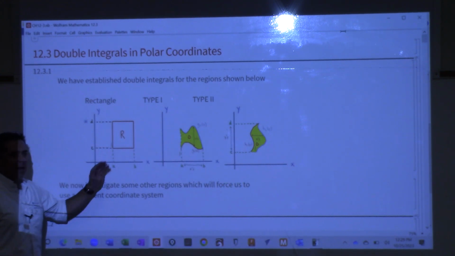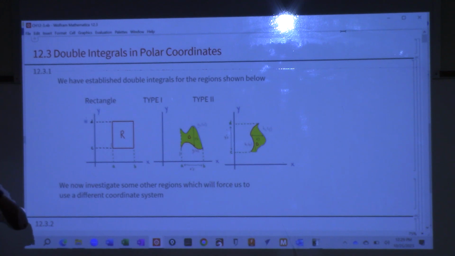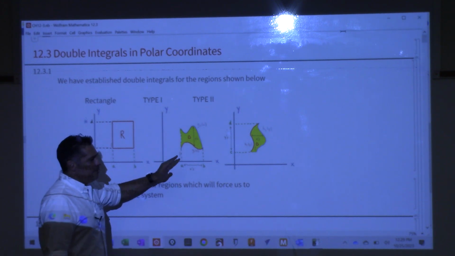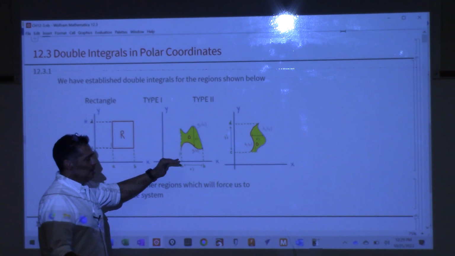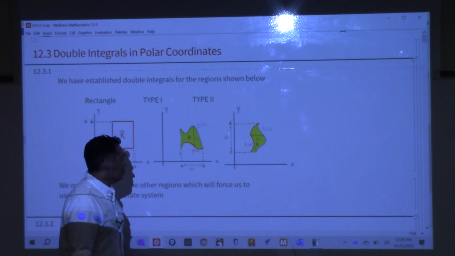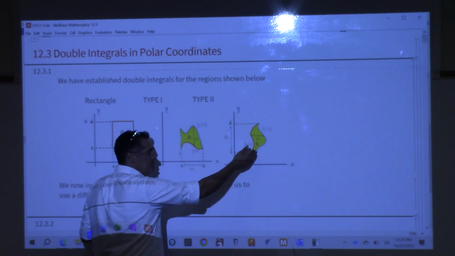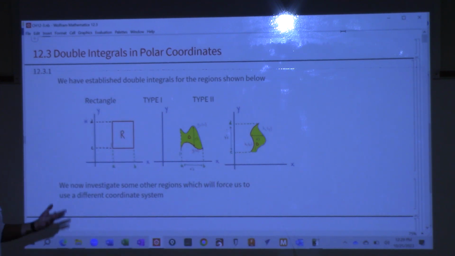A rectangle on the ground, both our limits of integration are between constants, and then we can even reverse the order and it doesn't even matter, right? Here, type 1 forces us to do it in a certain order. Type 2 forces us to do it in a certain order. But you can imagine all the different shapes you could get with this and with that. As good as that is, that's still not good enough for the different types of shapes you could see on the ground.